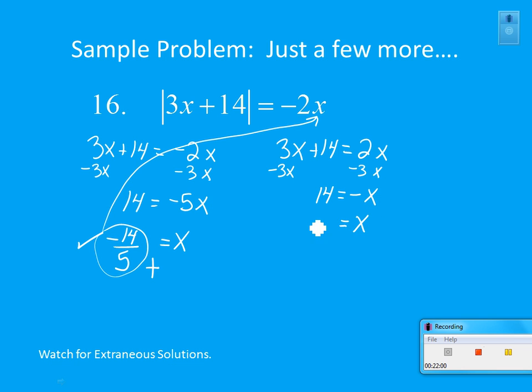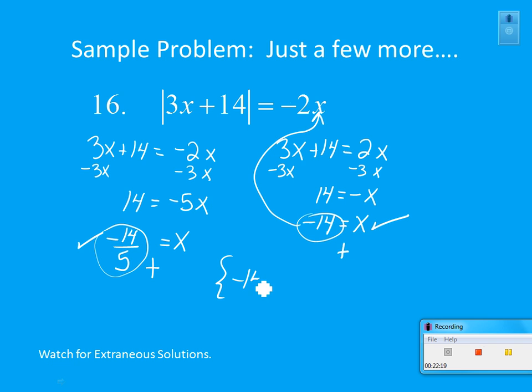Divide both sides by negative 1 and get negative 14. Let me see if I get to keep it. If I plug negative 14 right there, a negative times a negative is a positive, so I get to keep that answer also. Even though they were negative, they worked. So when I list it, I got negative 14 and negative 14/5.